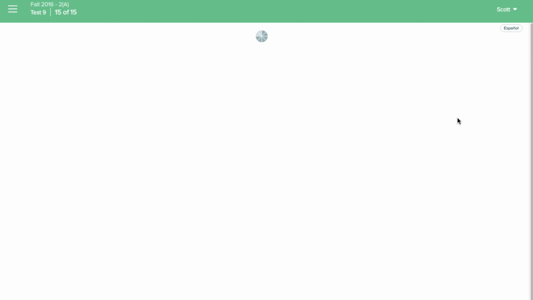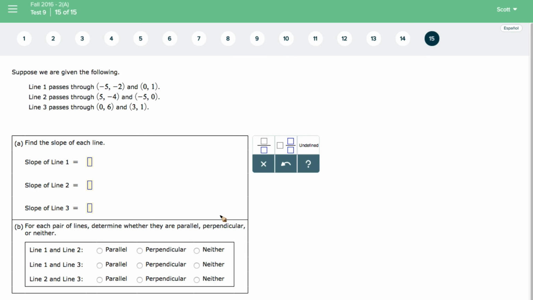And number 15. Same thing. Y minus y. 1 minus a negative 2 is 1 plus 2, which is 3. 0 minus a negative 5. Minus a negative is plus, so 0 plus 5 is 5. So line 1 is 3/5. 0 minus a negative, again, plus. 0 plus 4 is 4.